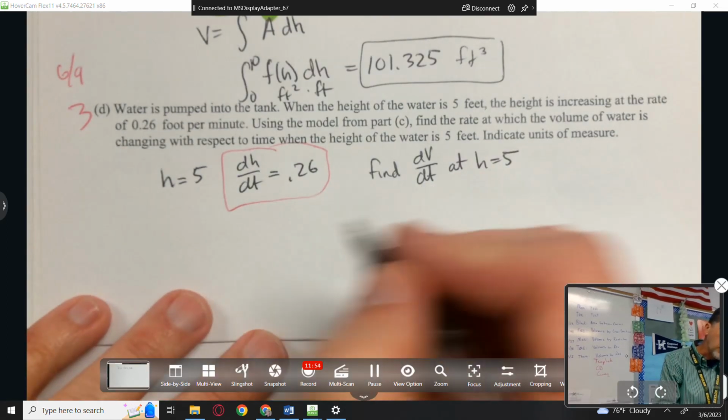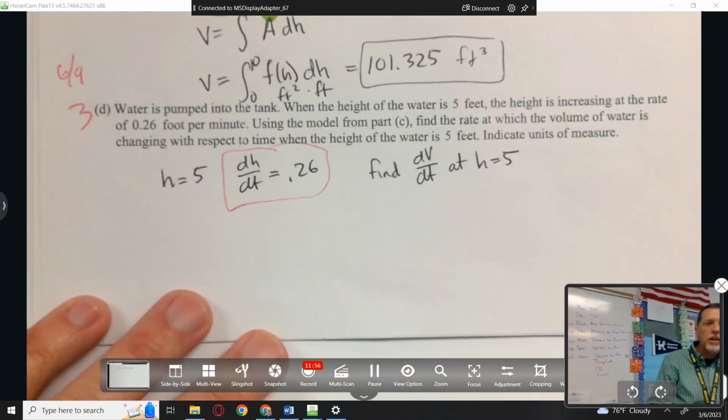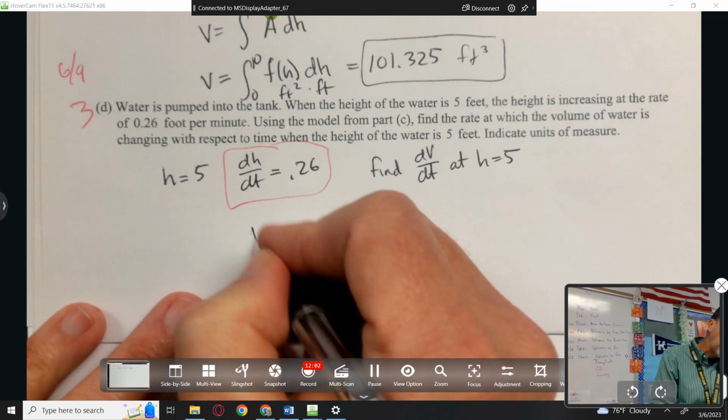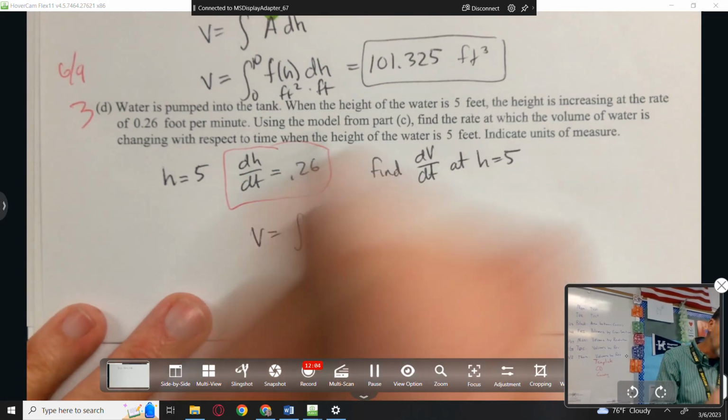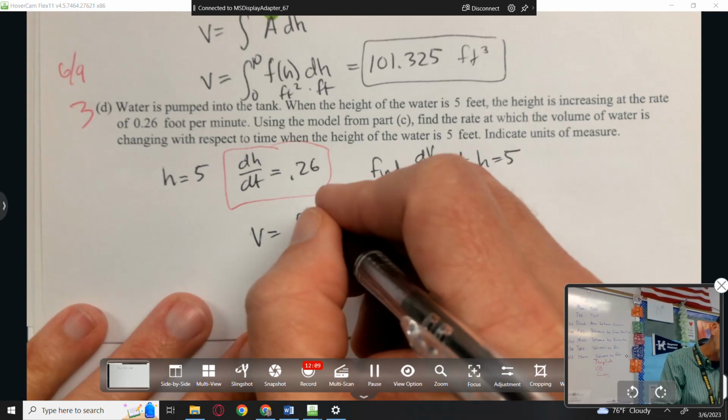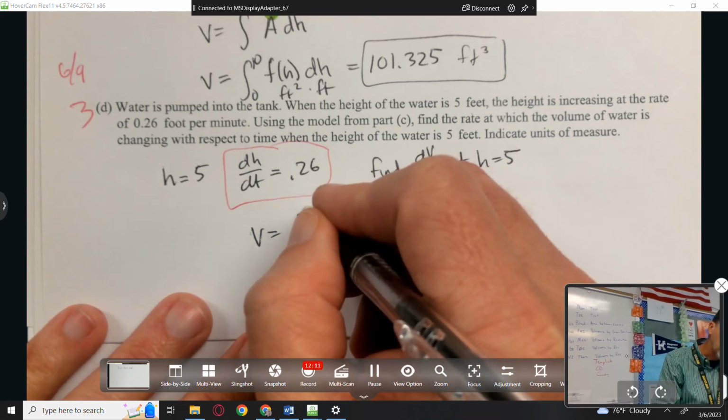All right, so I need an expression for V. Isn't it V equals 1/3... which I have no, because I don't know that it's a cylinder. My V is this integral from 0 to, I don't know, V of H. I don't like using H twice.